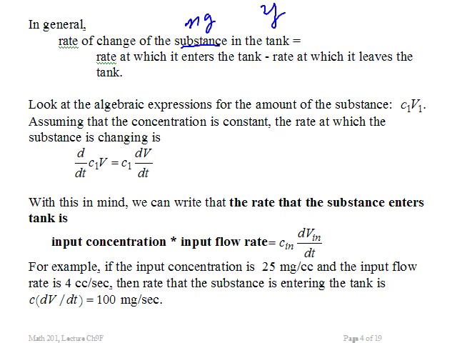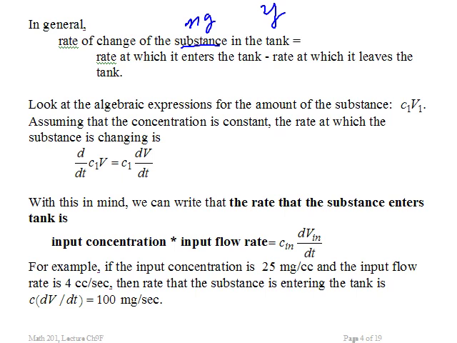Okay, the general idea is that the rate of change of the substance in the tank equals the rate at which it enters the tank minus the rate at which it leaves the tank. For example, in one of the homework problems, we have a car parked at the air intake of a conference room, and the car is spewing carbon monoxide. We want to look at how much carbon monoxide is in the room.